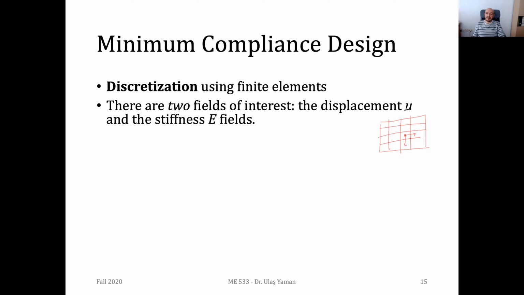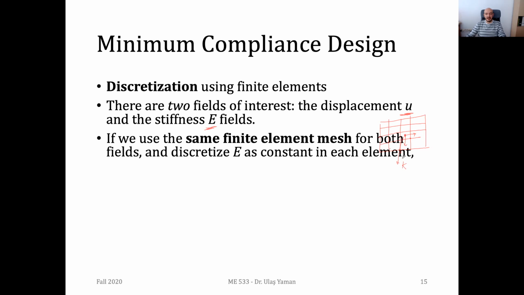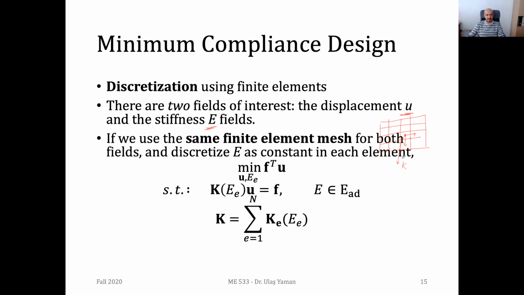It is 2D. So we need to have a displacement field, and also we need to have the stiffness field of these specific items. What is the stiffness of each element? In order to make things simpler, we use the same finite element mesh for all of these fields, for the displacement and for the stiffness.